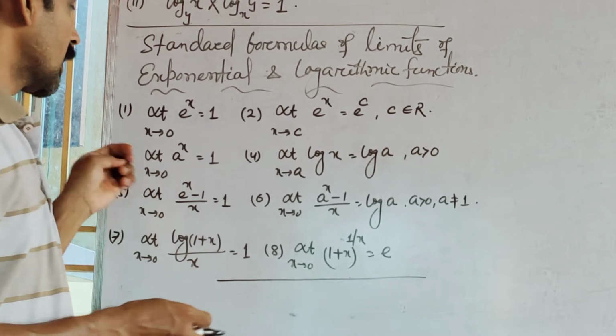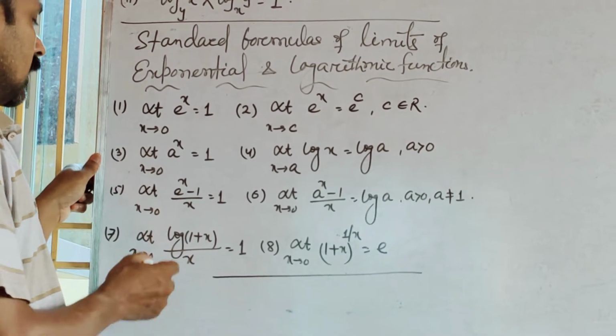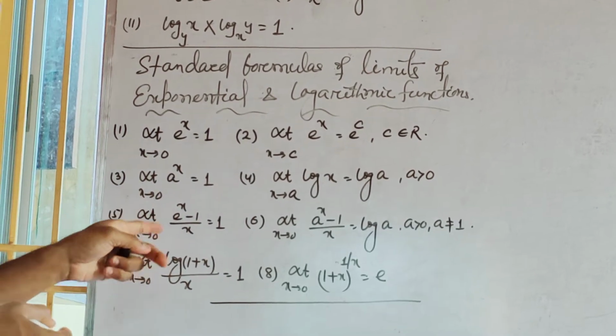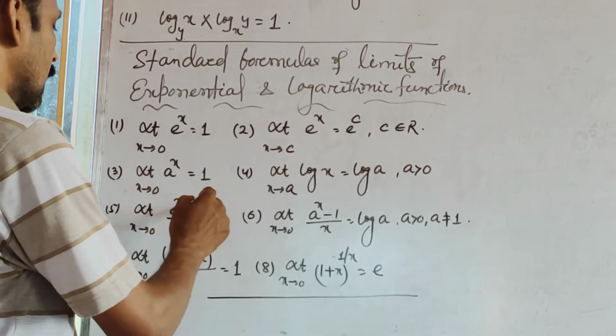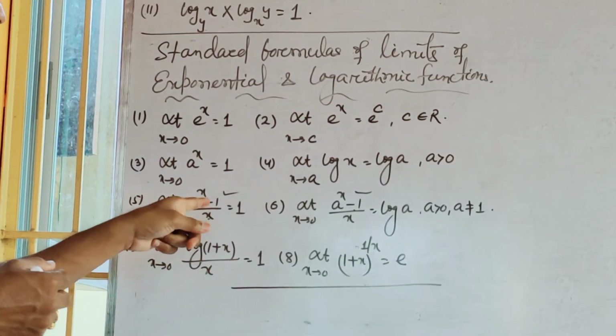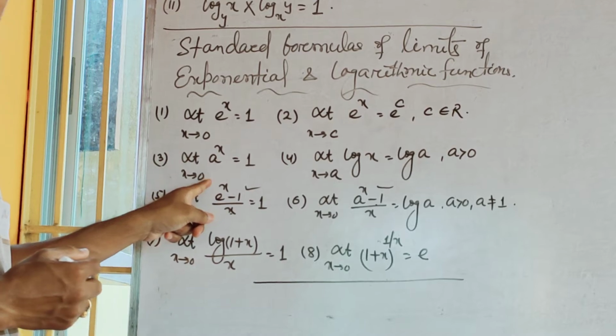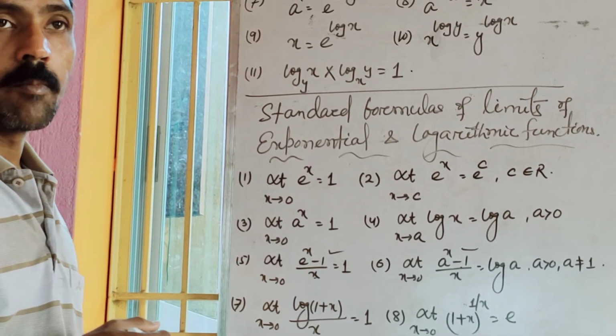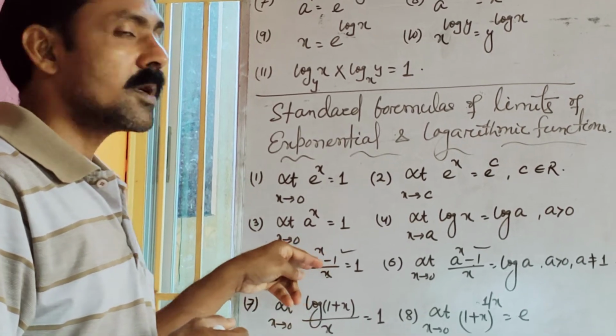Out of these, we have already discussed 6 formulas in class 11. In these cases, always remember the x in the numerator and the x in the denominator must be the same, otherwise we cannot use this formula.